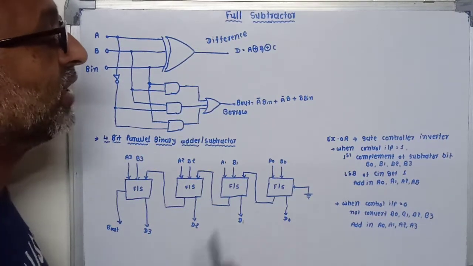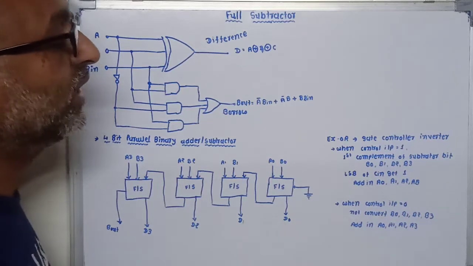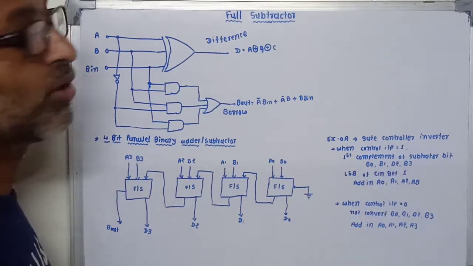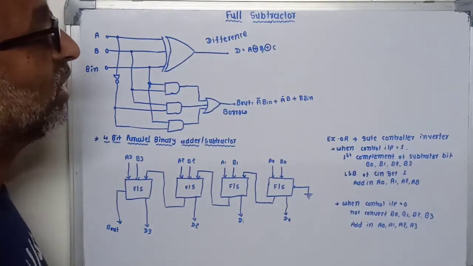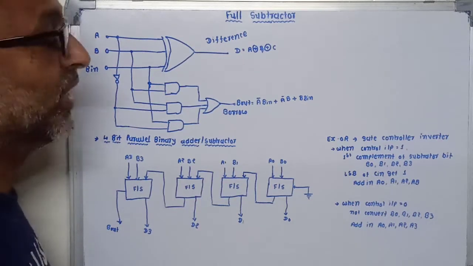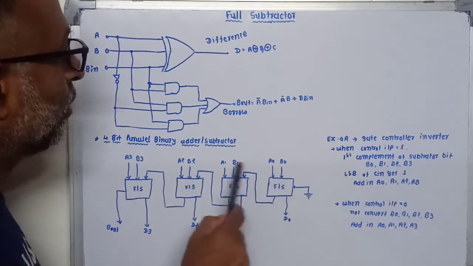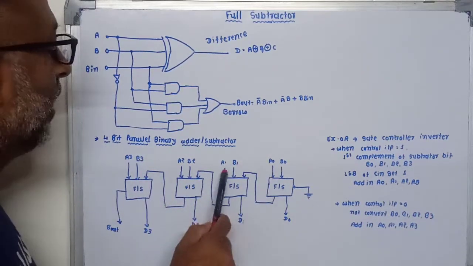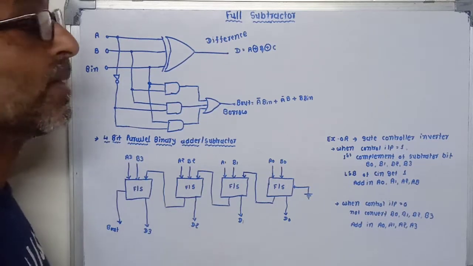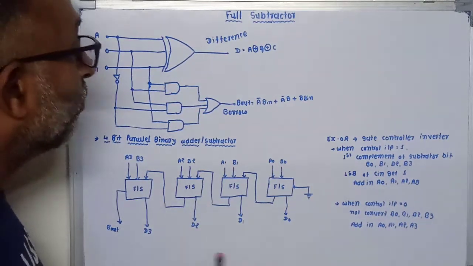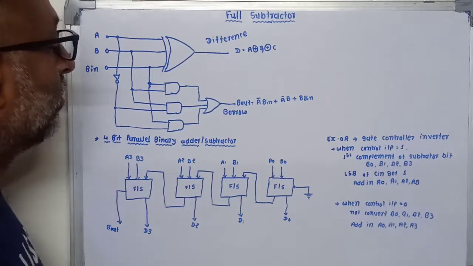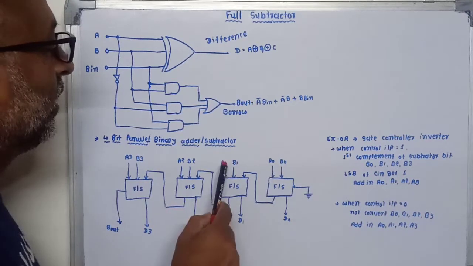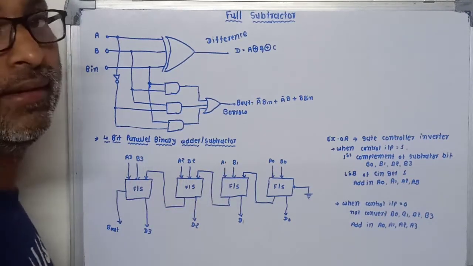Now the C-in of the LSB gets 1, and this 1 is added to the first complement of the subtractor bits, which becomes the 2's complement of the subtractor bits. This 2's complement of B0, B1, B2 and B3 is added to the input bits A0, A1, A2 and A3 respectively. So we get the subtraction of B0, B1, B2 and B3 from A0, A1, A2 and A3.